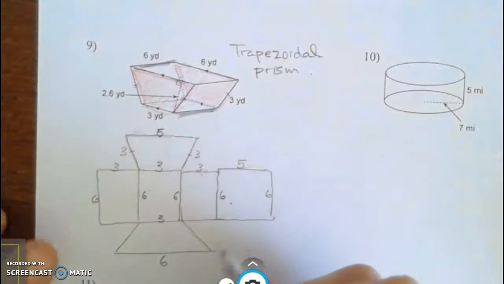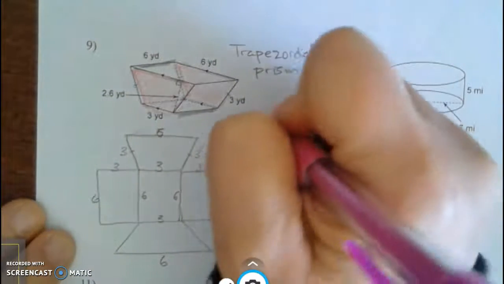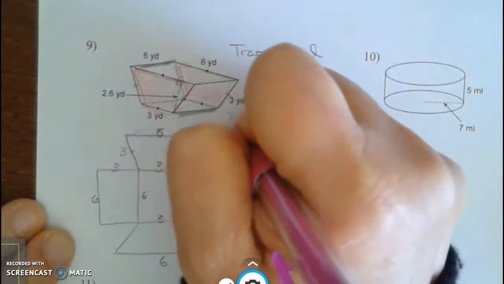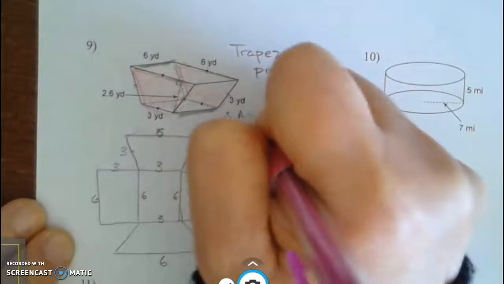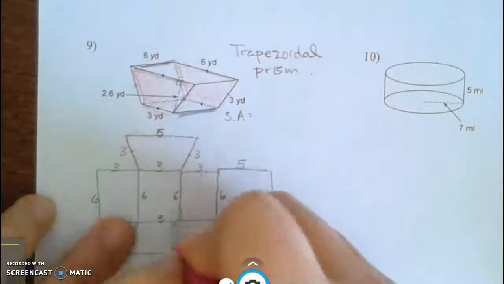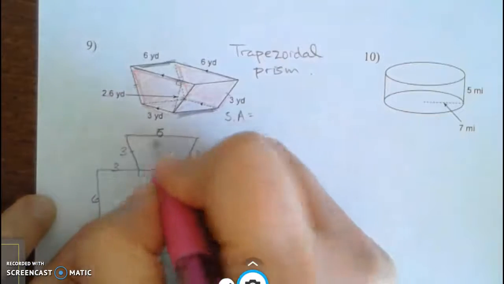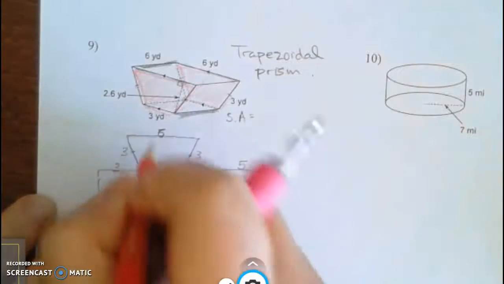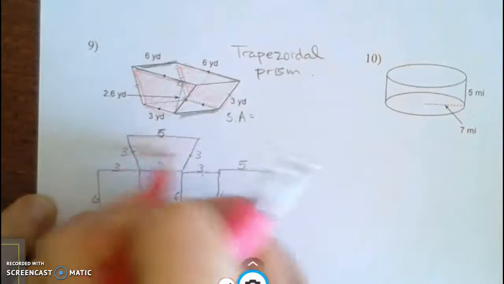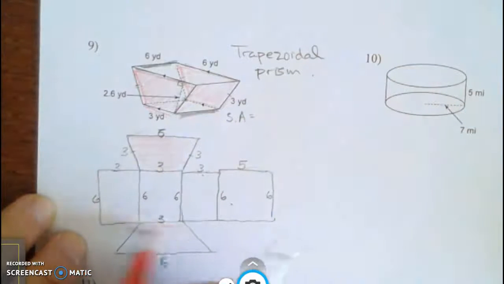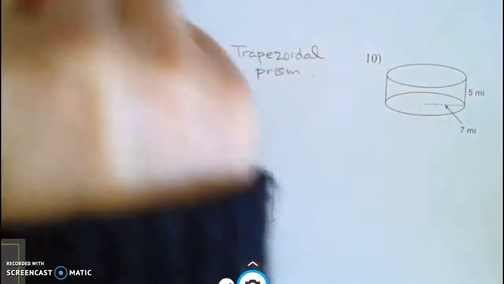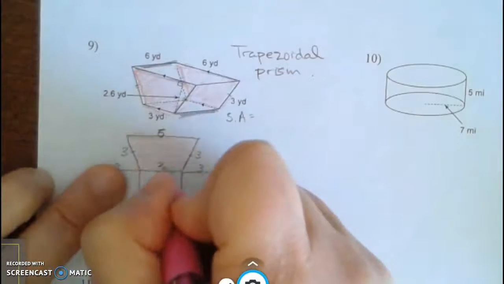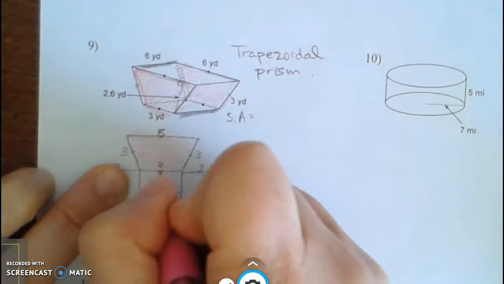Now that I have created my net, I can figure out the area. Surface area is going to be, let's start with the area of the trapezoid. And there are 2 of those. I'm going to color that red. Remember, the area of a trapezoid is the average of the 2 lengths that are different.